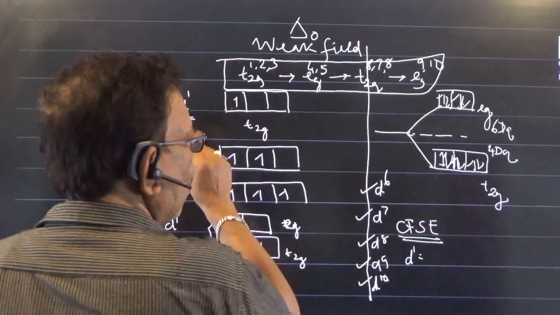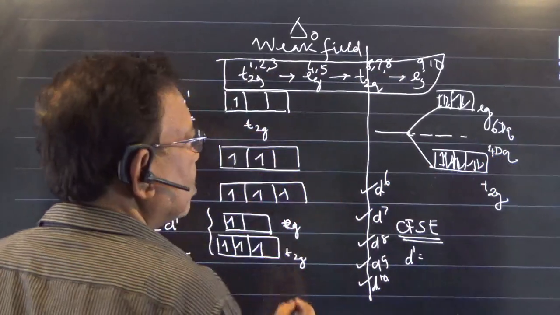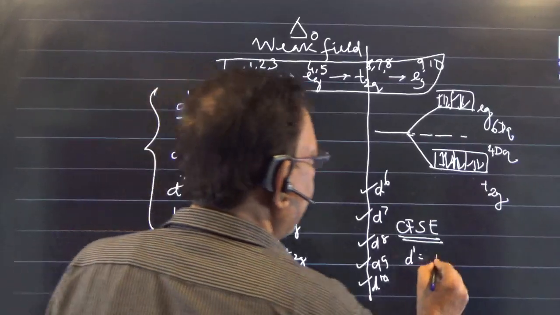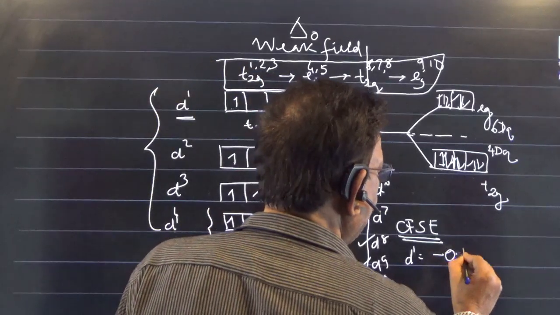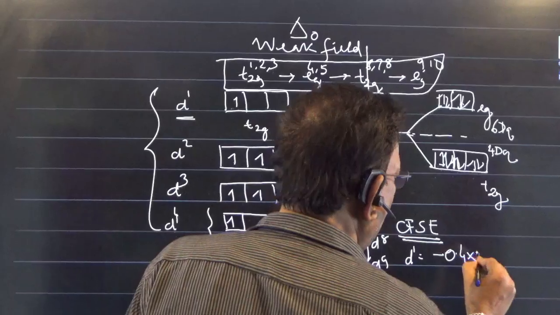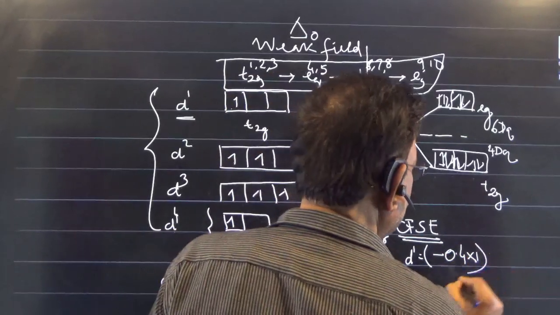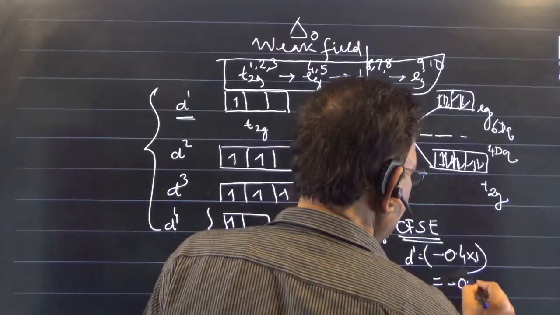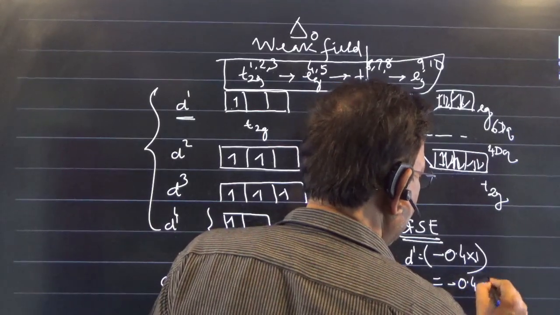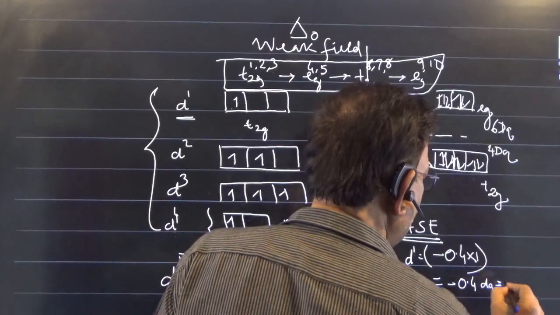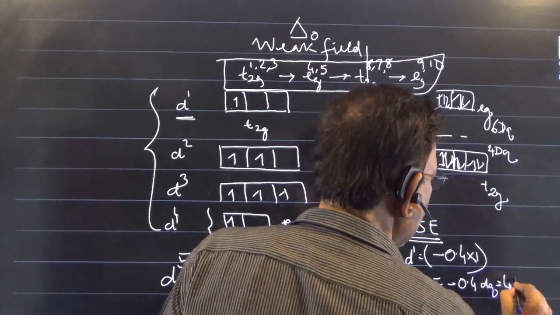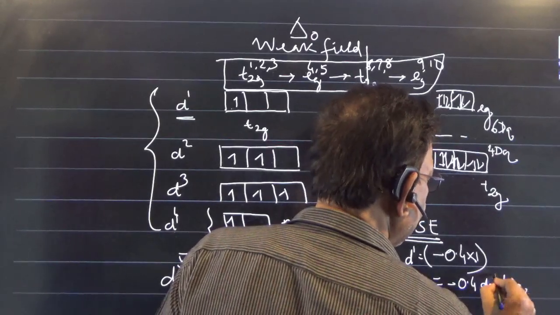Now since one electron is there, I will be writing minus 0.4 into 1, that is minus 0.4 Dq, or this can be written as minus 4 dq.